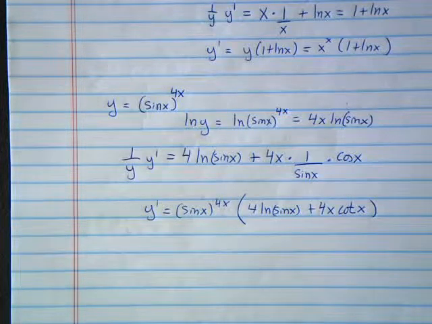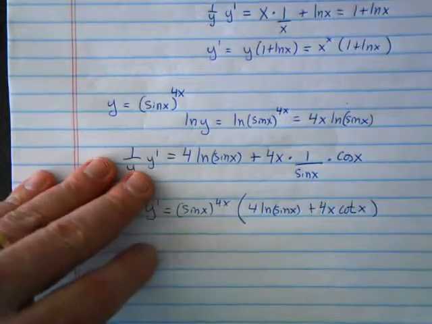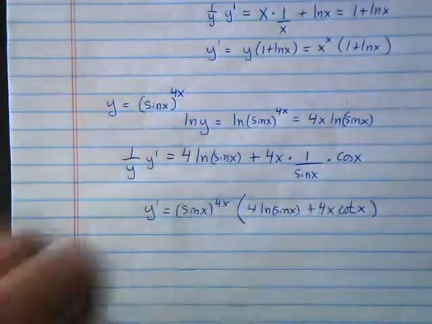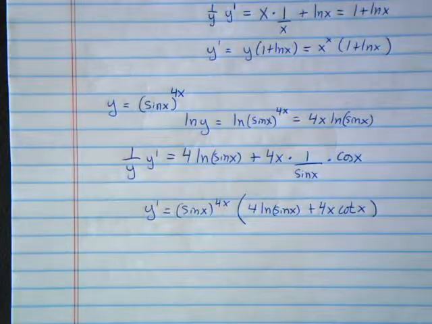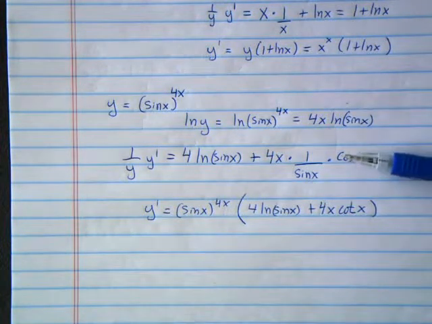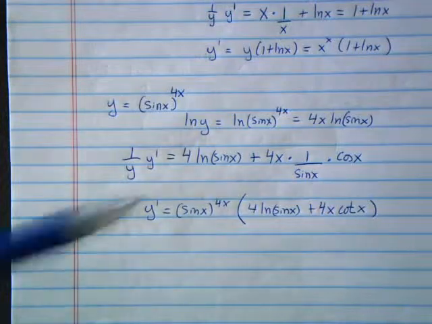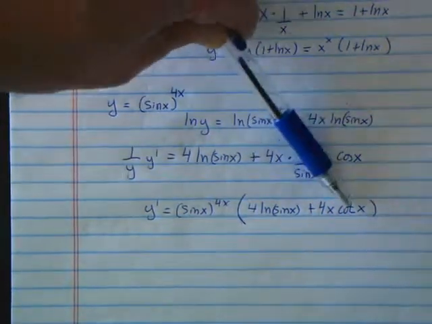Questions on that one? Where did the cosine x go? I took cosine over sine, and I wrote it as cotangent.